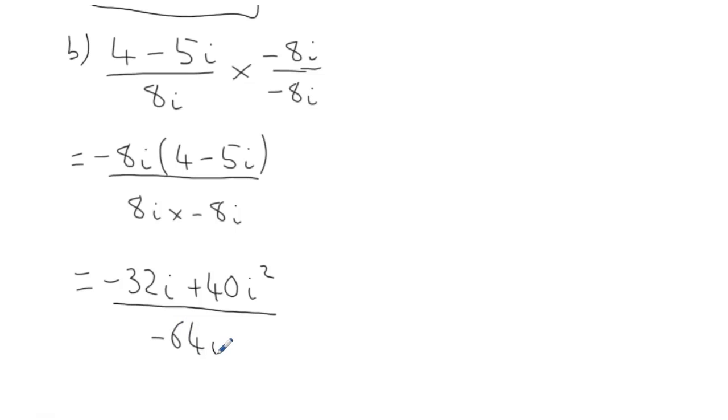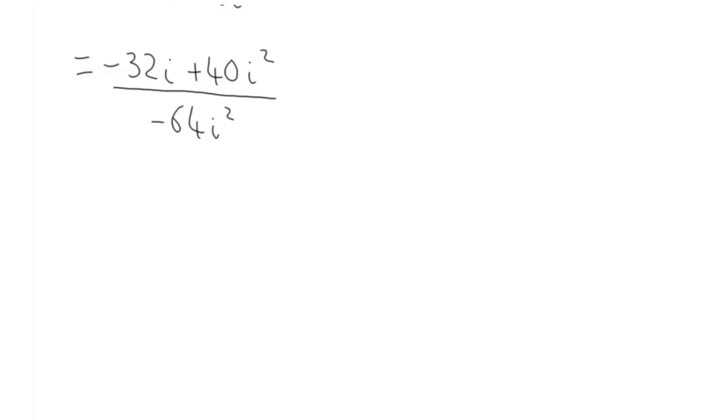So minus 64 i squared, right? But I'm just going to deal with these i squareds first. So you've got minus 32i, 40i squared is minus 40. On the bottom, you've got minus 64i squared, minus 64 times minus 1 is plus 64, so 64.